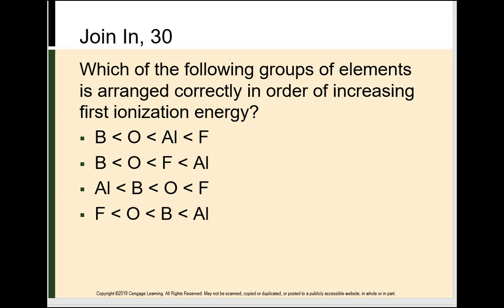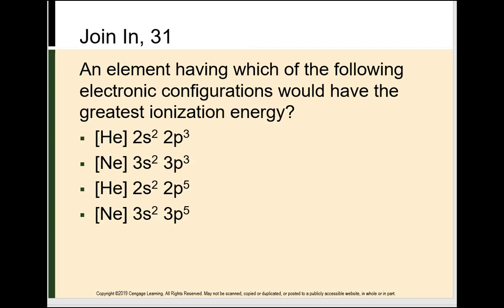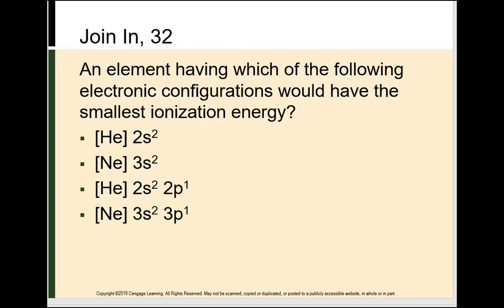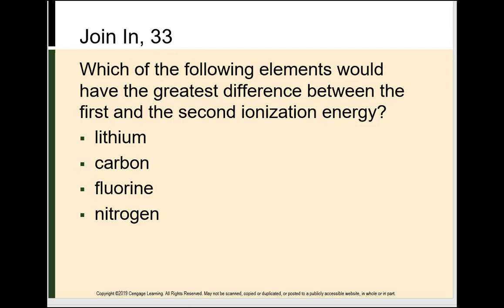So to remove one electron. There you go. Which one would have the greatest ionization energy? What about the smallest ionization energy? The one with the greatest size.